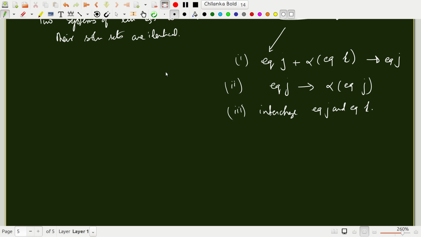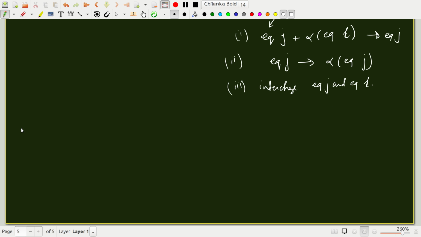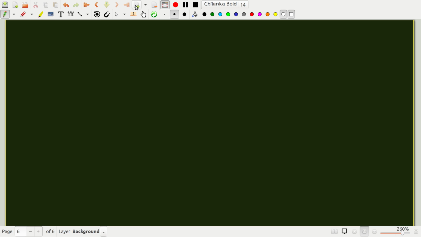Now we saw a consistent system. Now let's take an example of an inconsistent system of equations.